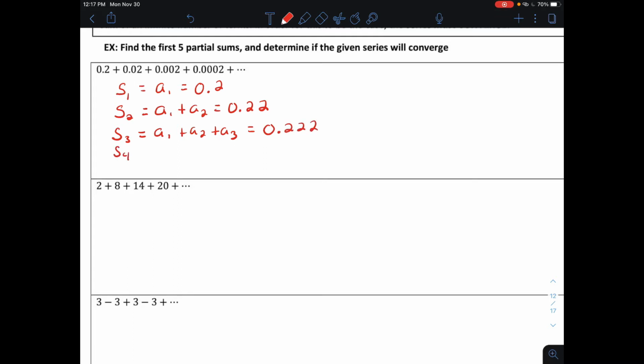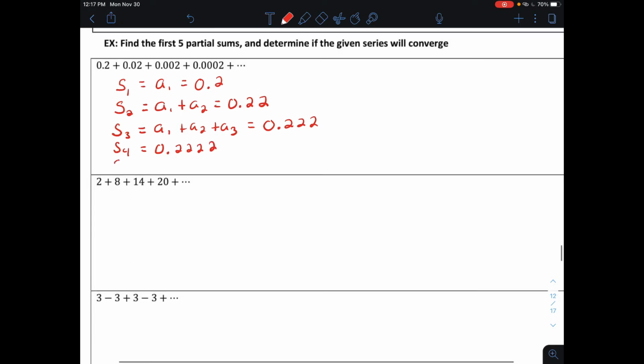The fourth partial sum would add the first 4 numbers together, and we wind up getting 0.2222. And then my fifth partial sum would just simply put another 2 on the end there. And so the question is, is the sum converging?